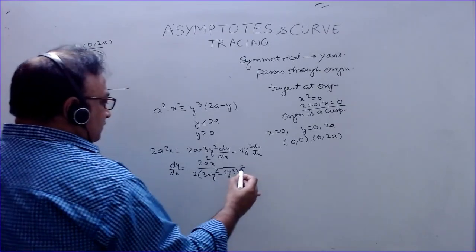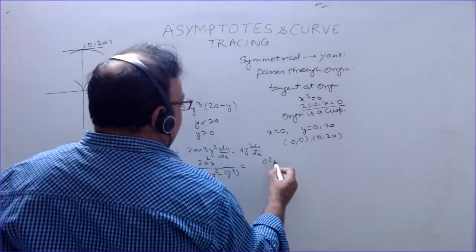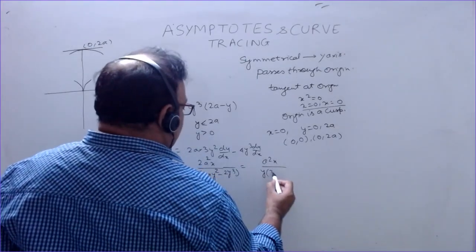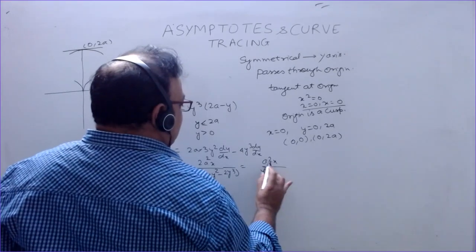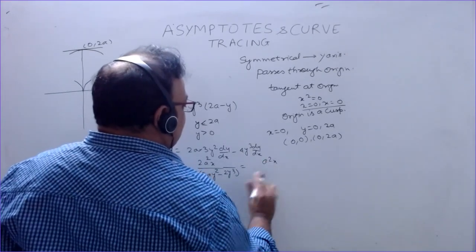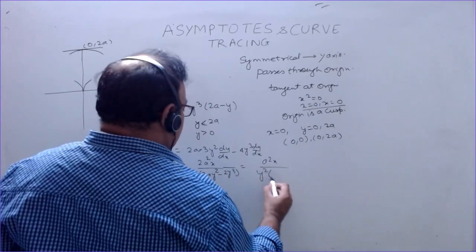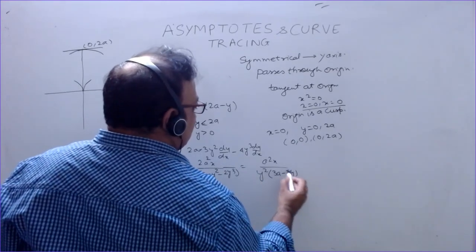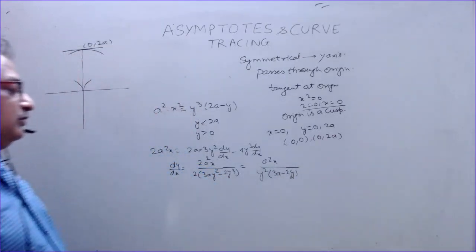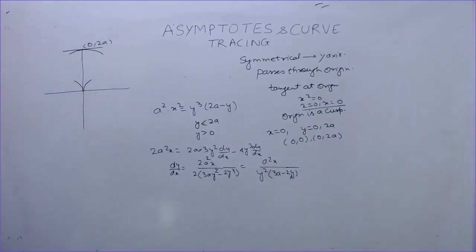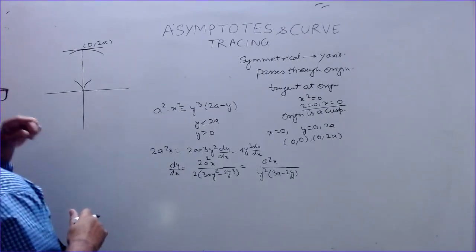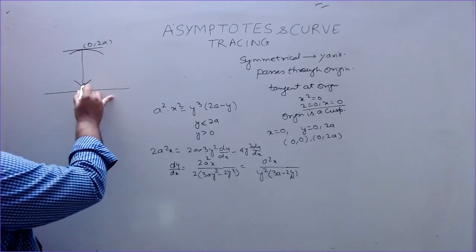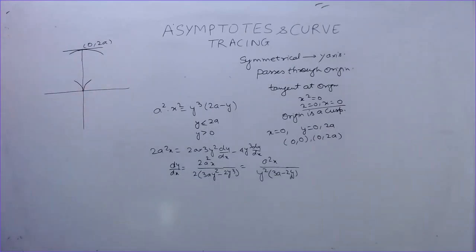So this is equal to a square x over y square into (3a minus 2y). So if you put dy by dx equal to 0, you will get x equal to 0, and here the tangent, here we have drawn the shape.